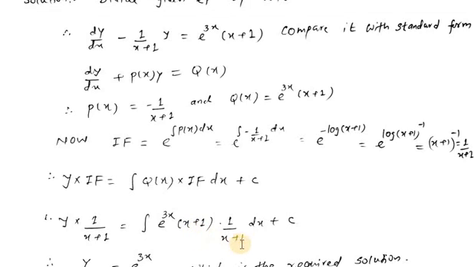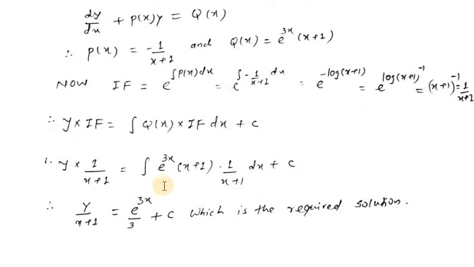So x plus 1 will cancel out. So it will become integration e raised to 3x only. And integration of e raised to 3x is e raised to 3x divided by 3, and y over x plus 1 as it is. So the required solution is y over x plus 1 equals to e raised to 3x by 3 plus c.